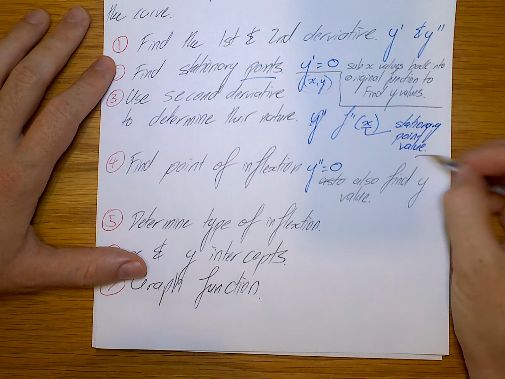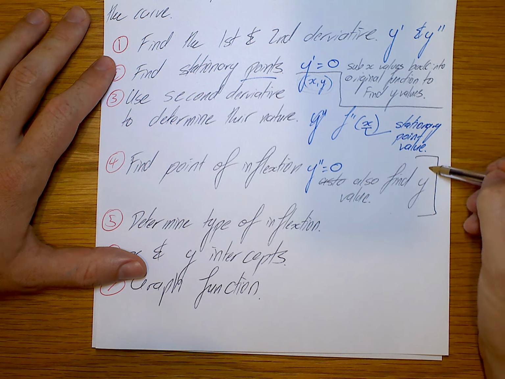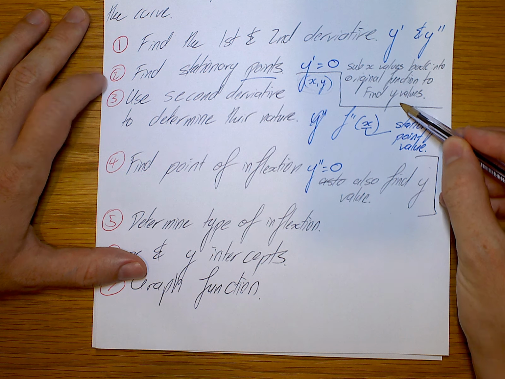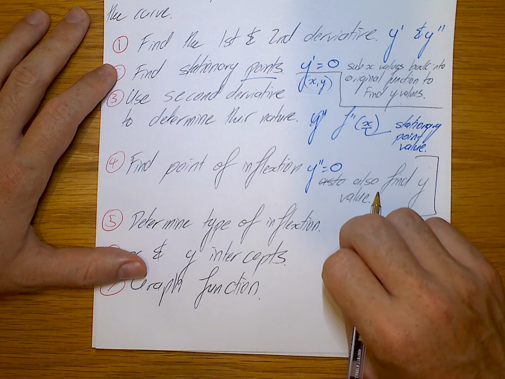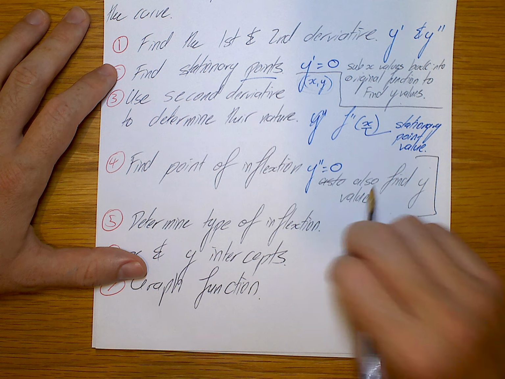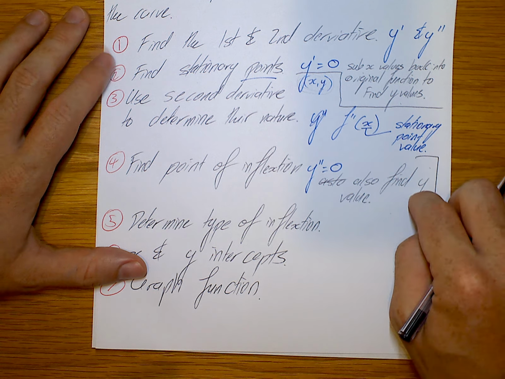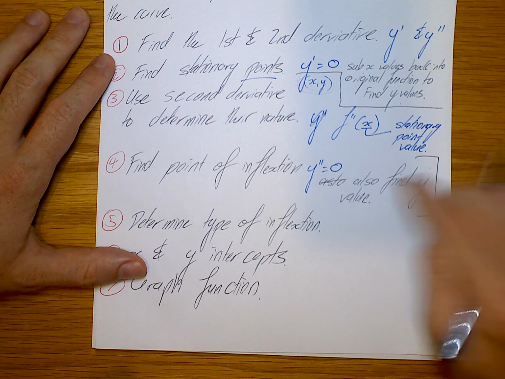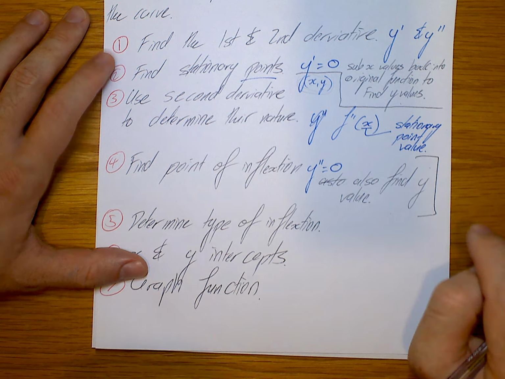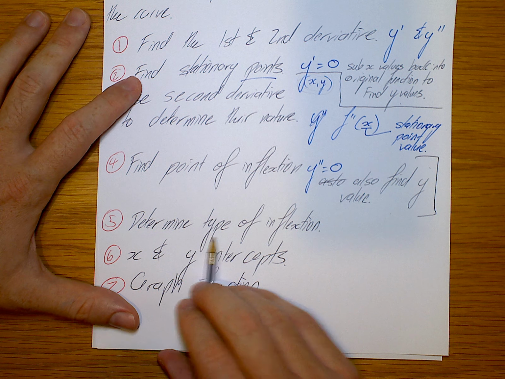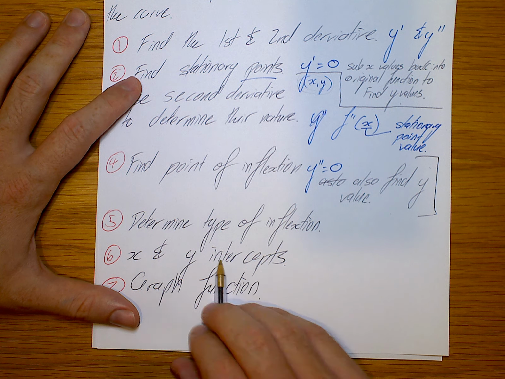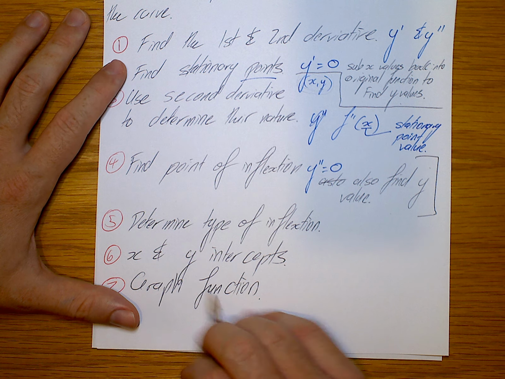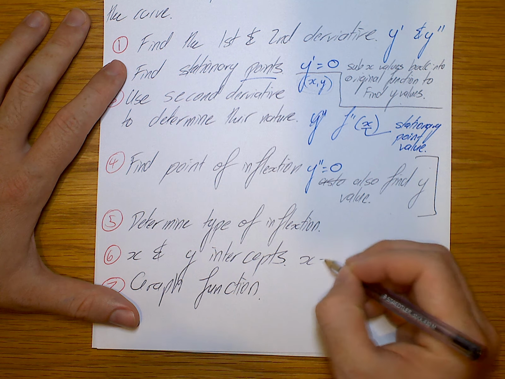This is a similar state of affairs to step 2, where we find it and then also find the y value by putting it into the original function. So there's a little bit of jumping around, going back and forth between y dash and y double dash. Then we determine the type of inflection, and find the x and y intercepts, and then graph the function.